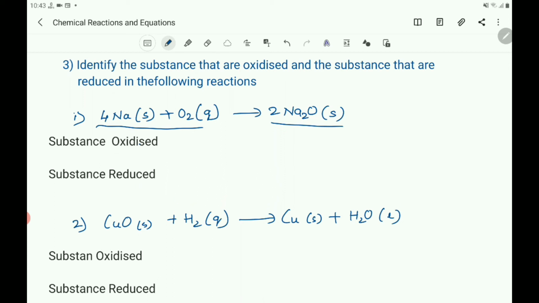Observe the reaction here. Sodium reacts with oxygen to form sodium oxide, and here sodium gains oxygen to produce the oxide, sodium oxide. So you can write that the substance oxidized is sodium, Na.